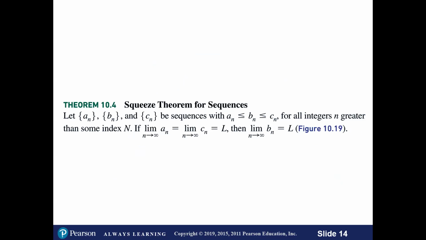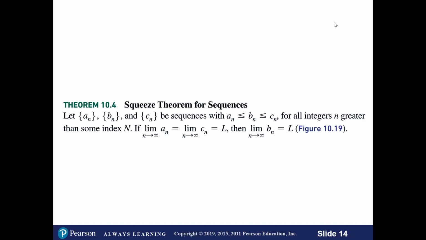So, let's move to the next topic now. Way back in Calc 1, when you first started talking about limits, we had certain limits that were a little tricky to evaluate. So we used a theorem that we called the sandwich theorem or the squeeze theorem.